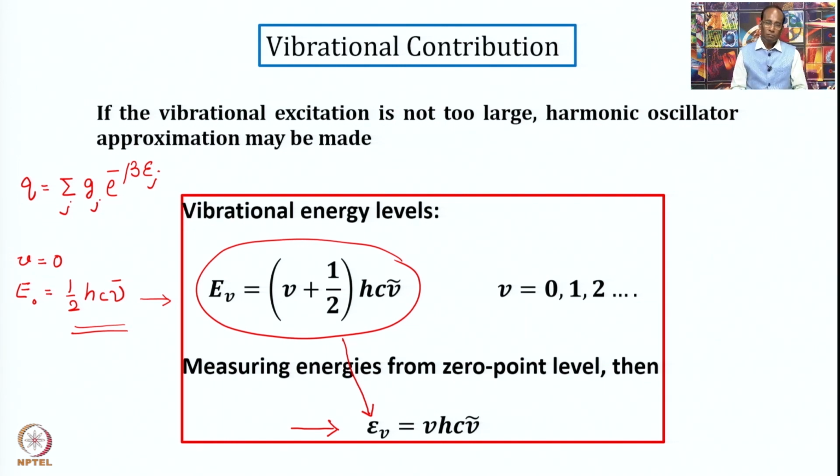So this important step, as we have been doing earlier also, is to understand that if I subtract half hc nu bar and then want the total internal energy, I will have to add back the same. But with this modification, E0 will now be equal to 0.